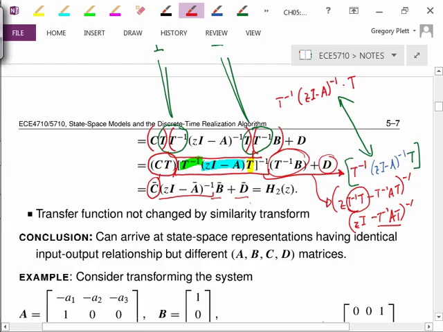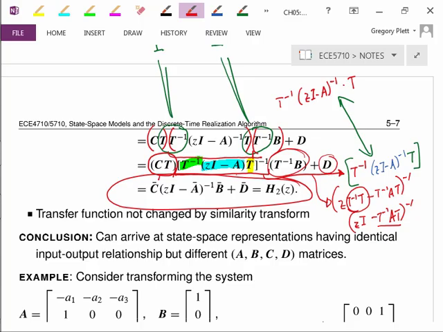So by rearranging, by manipulating using algebra only the H1 of Z, I get something which is exactly what we would have written down for our transfer function for H2 of Z using the A bar, B bar, C bar, D bar system of representation.